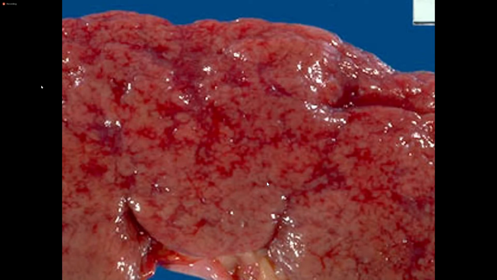The pitting on the external surface of the kidney represents ischemic necrosis as a result of microinfarcts that occur in the small arteries and arterioles of this kidney as a result of hypertension.